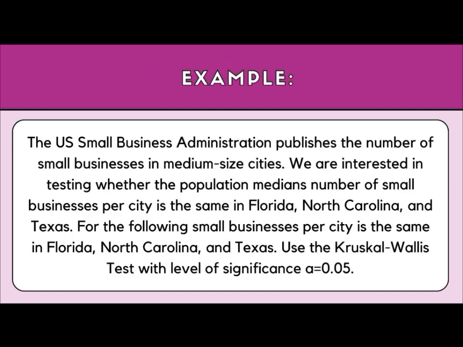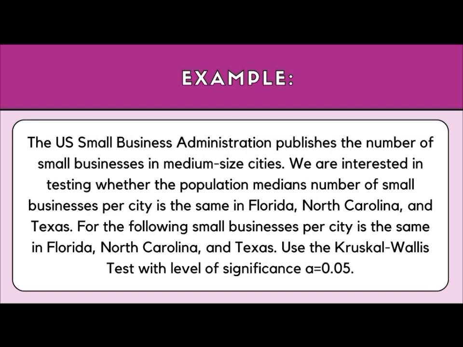Here we have an example. Let us all read. The U.S. Small Business Administration publishes the number of small businesses in medium-sized cities. We are interested in testing whether the population median number of small businesses per city is the same in Florida, North Carolina, and Texas.